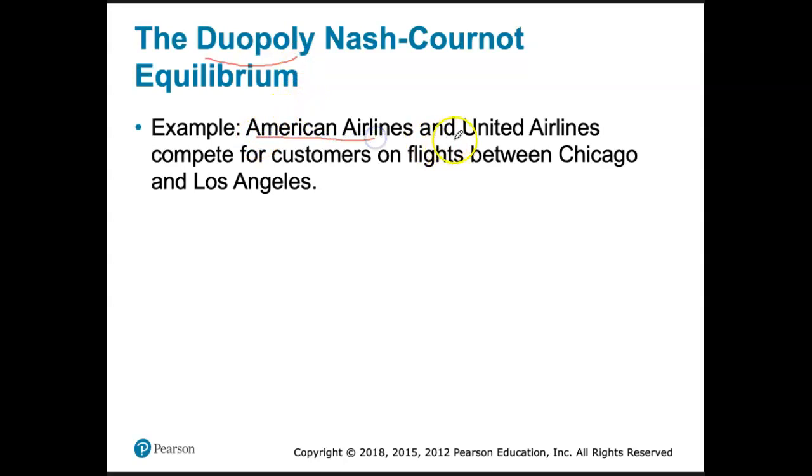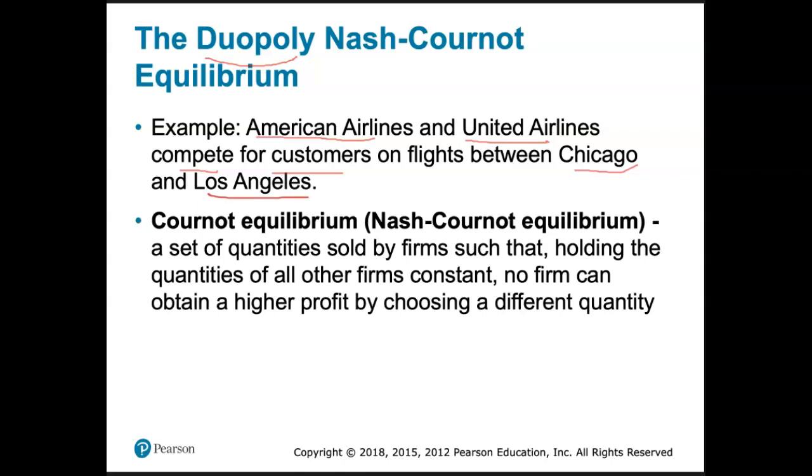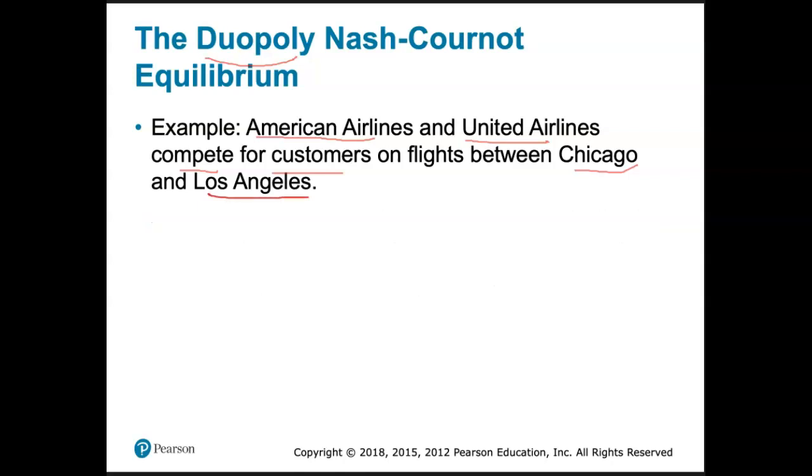They compete for passengers on flights between Chicago and LA. Each firm must choose its output level before knowing what the other firm will choose, so they choose simultaneously. The quantity for the airlines is the total number of passengers they choose to carry.